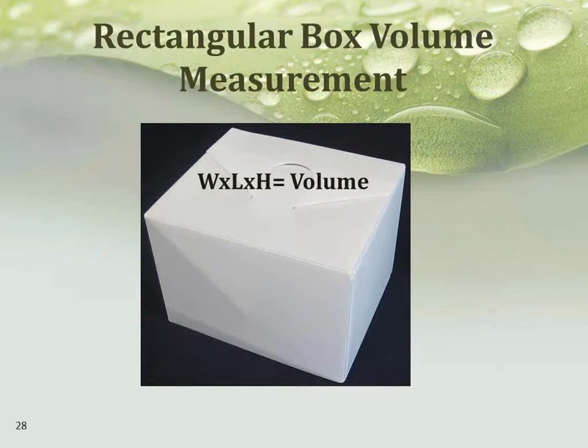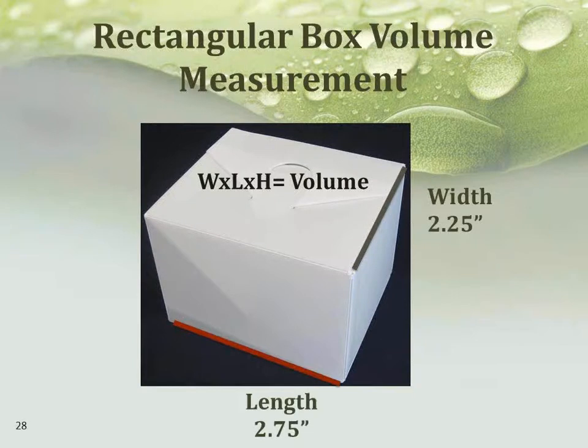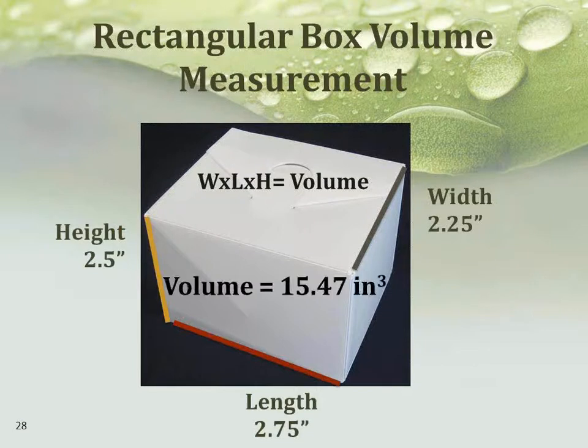Using this rectangular box as an example, the width is 2.25 inches, the length is 2.75 inches, and the height is 2.5 inches. 2.25 times 2.75 times 2.5 is equal to 15.47 cubic inches. Therefore, the volume of this box is 15.47 cubic inches.